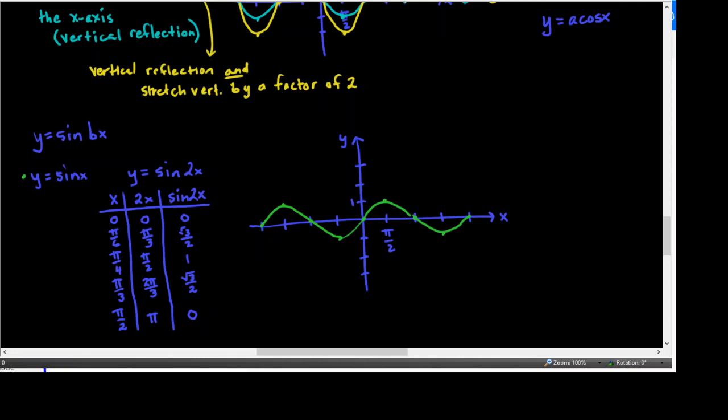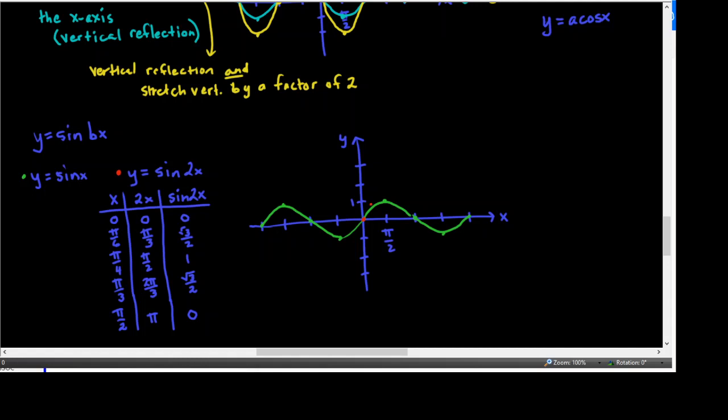Alrighty, so now to graph this, we're going to graph this one in red. Really hold on tight here. Ignore the middle column now. We're going to take, for a given x, like 0, what's the output? 0, okay? For a given input, pi over 6, what's the output? Square root of 3 over 2.